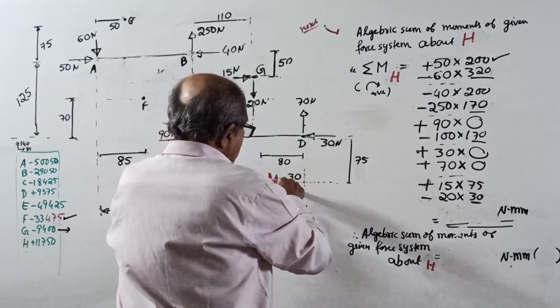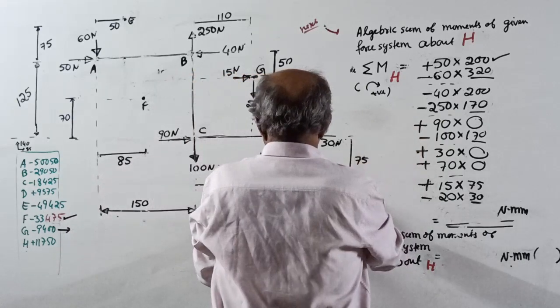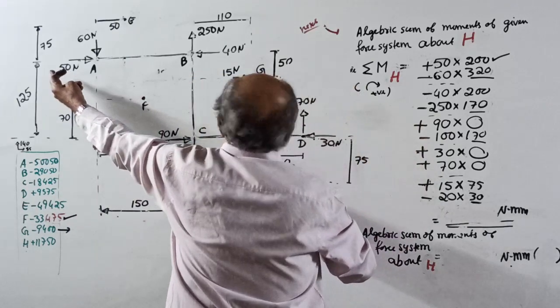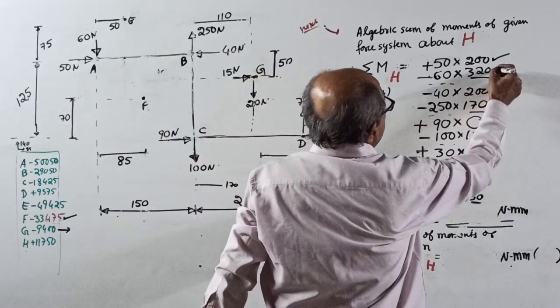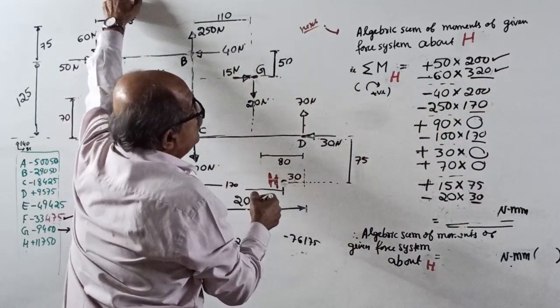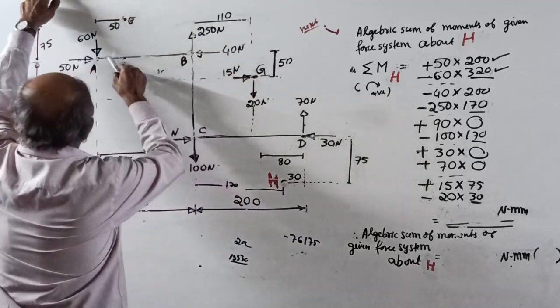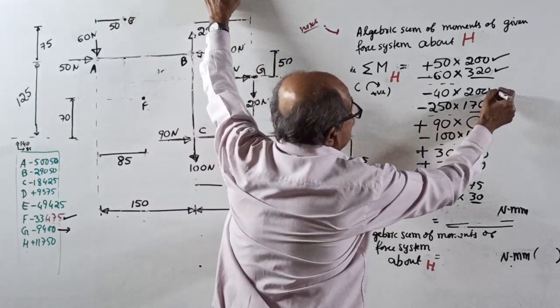From 350 subtract 30. That is 320. 50, anti-clockwise, that also is correct. Minus 40 into, how much 40 into? 125 plus another 75, 200. This is also correct.